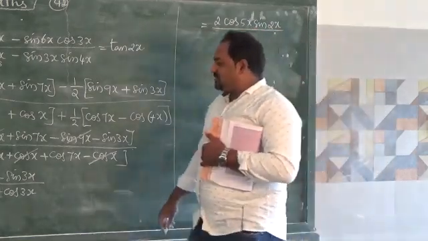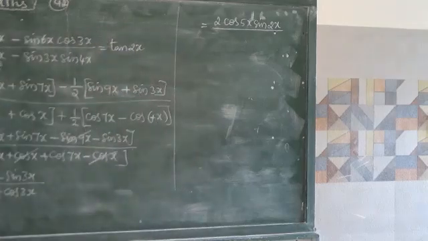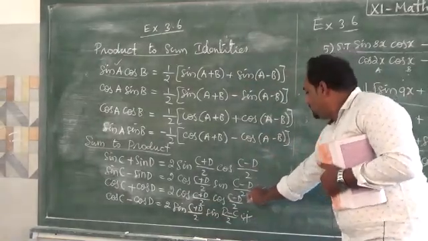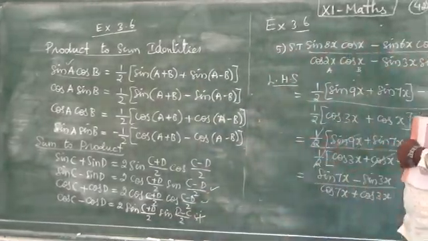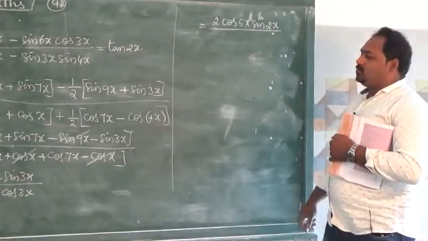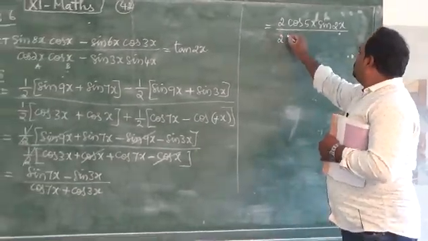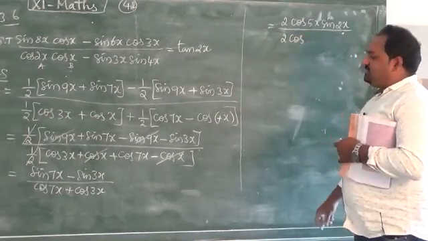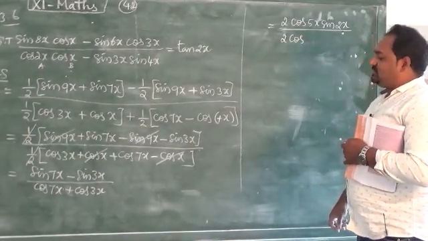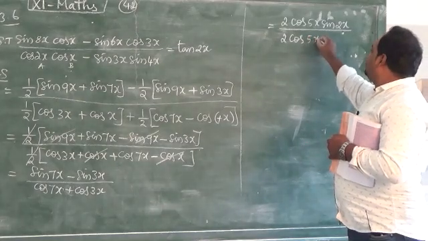Next, cos C plus cos D. It is the third identity. Cos C plus cos D can be written as 2 cos C plus D by 2, cos C minus D by 2. So 2 cos C plus D by 2, 7x plus 3x, 10x by 2 is 5x.